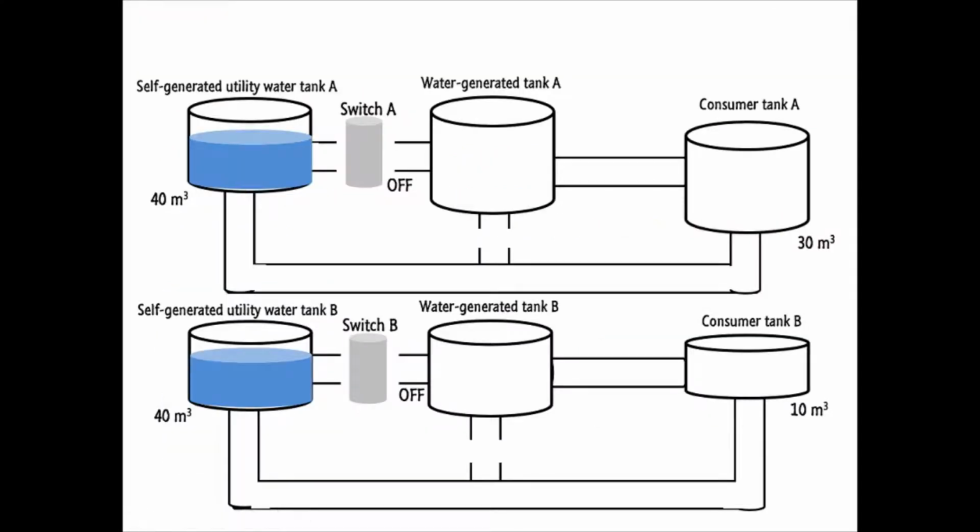I will use the water distribution system as an analogy of the operation of DC-DC converters. Based on the diagram, the self-generated utility water tank represents the input DC source of the converter's circuit. Next, the consumer tank represents the DC load, which is a resistor in the circuit.